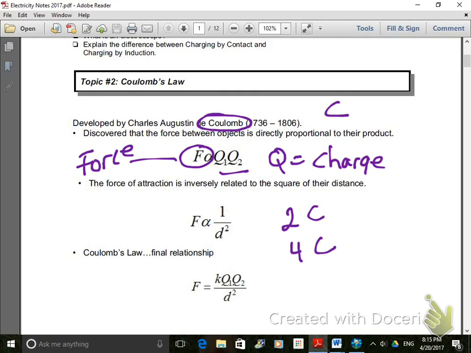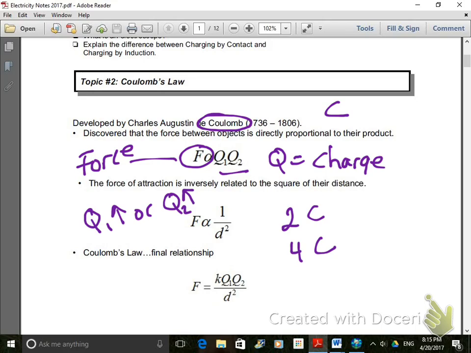So if I increase Q1 or increase Q2, the force of attraction or repulsion, so that force can be either, so it's an attraction or a repulsion, will increase.